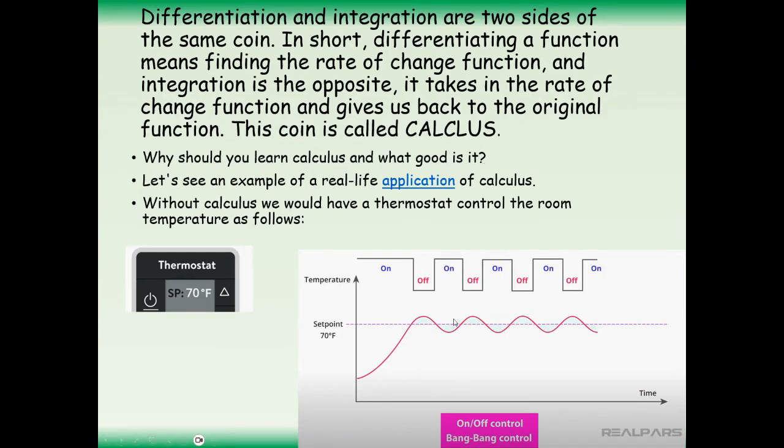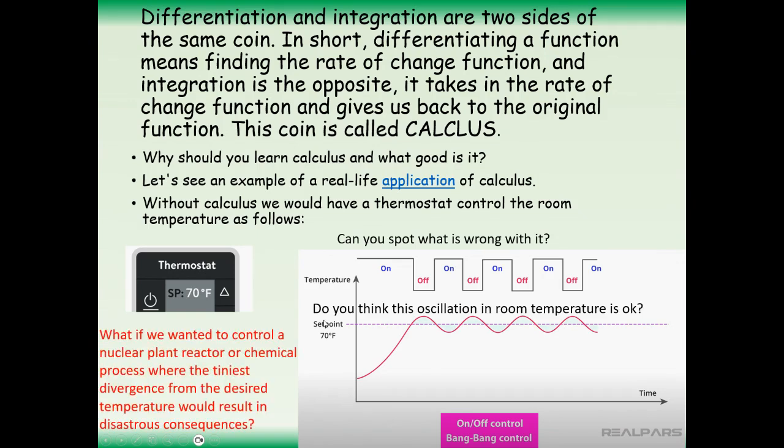But let's say you are an engineer of a nuclear plant or of a chemical plant where these oscillations are not acceptable. If you are running a nuclear plant or a chemical process, the tiniest divergence from the desired temperature could have disastrous consequences.